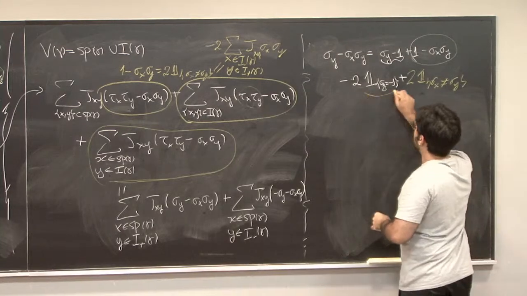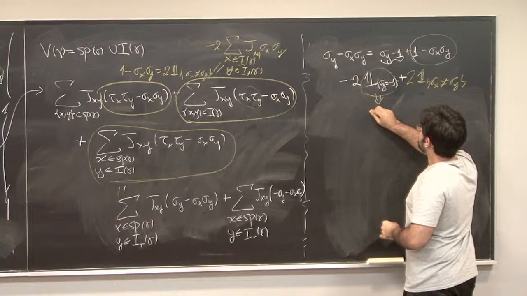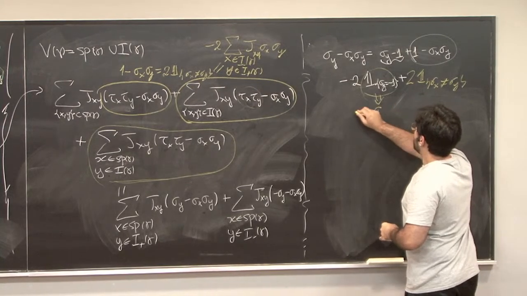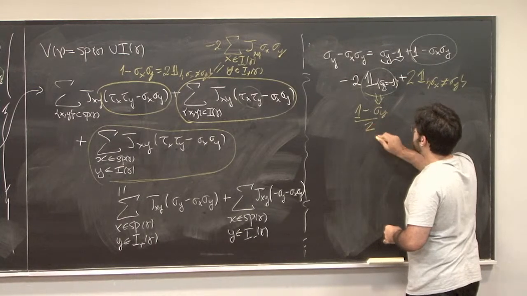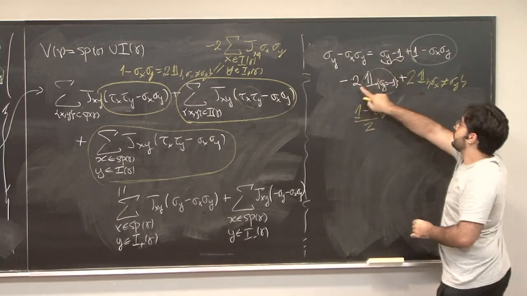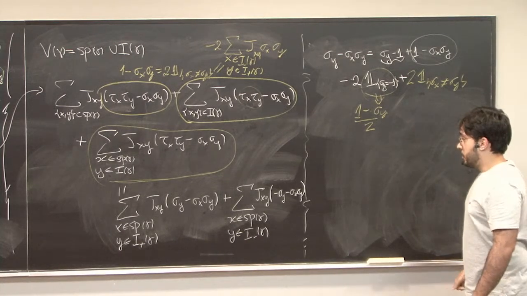So this is just 1 minus sigma y over 2, and then I have a minus 2 times this, and then I get what I want.